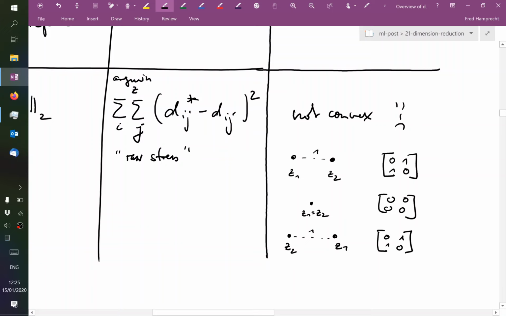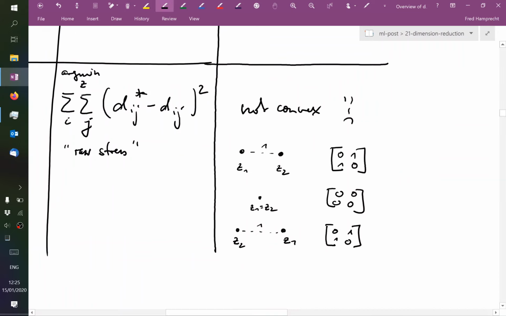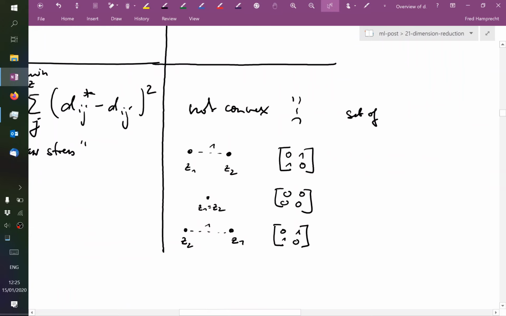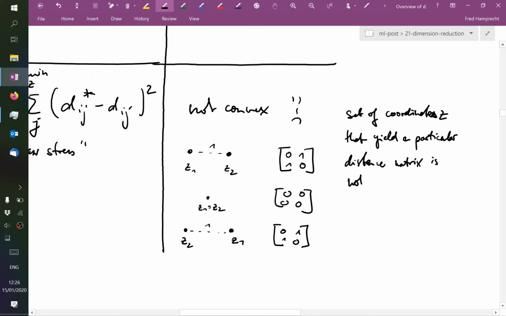So in other words, if I'm looking at the set of coordinates z that yield a particular distance matrix, this set is not convex.